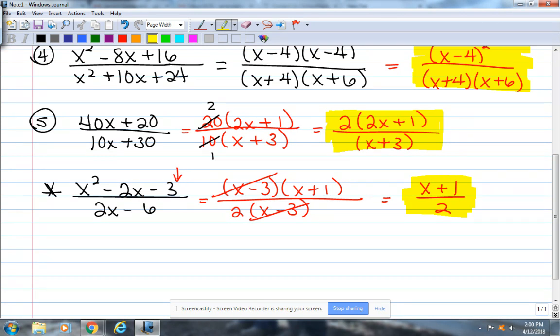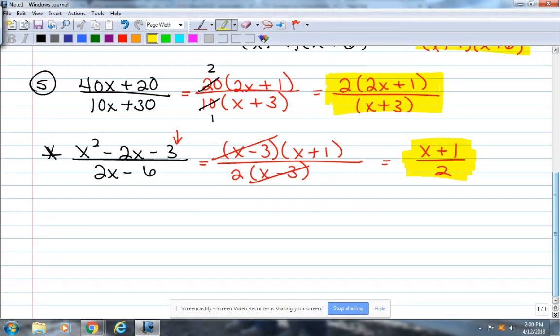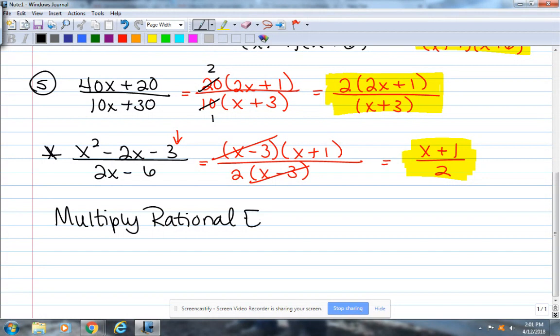Well, so far we've only simplified single fractions. So now we've got to pull in a second fraction in there and multiply with it. But after we learn to multiply, dividing's easy. So here we go. Multiply rational expressions. And a rational expression is a fraction with variables in it. All right.